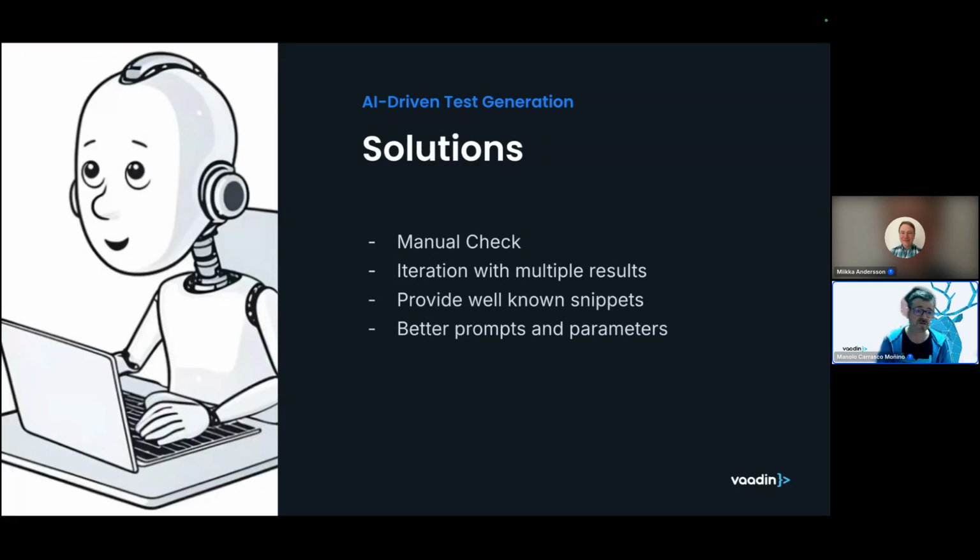So the solution is to refine and optimize the prompts, as we saw, and do manual reviews. Don't expect that the test the AI produces is going to work the first time. And we also need to add example test code to the prompt.